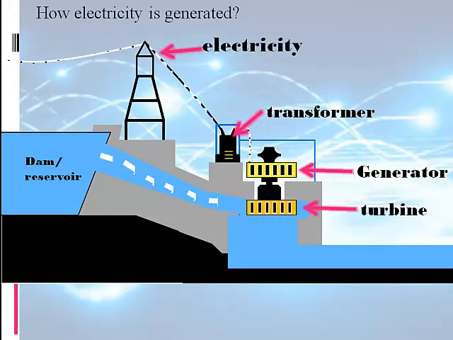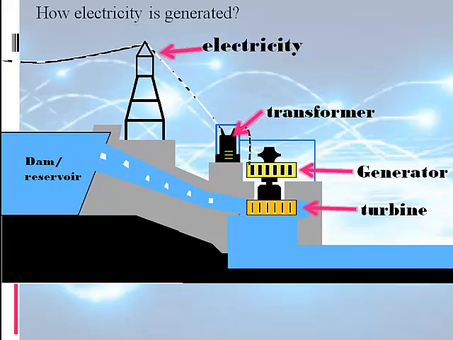So in order to generate electricity with the help of water, the first and most important thing we need is water. We have to build a dam or reservoir to store the water, and a tunnel where the water flows to the turbine, where the turbine gets turned and produces electricity in the generator.